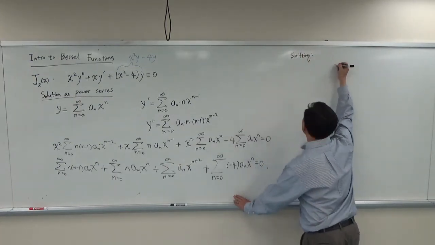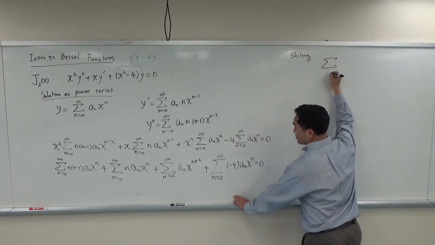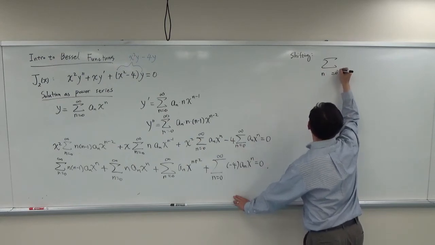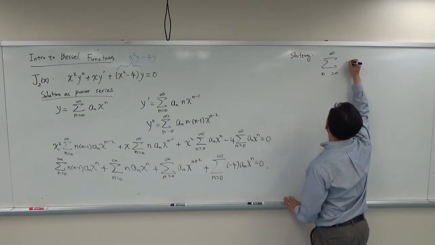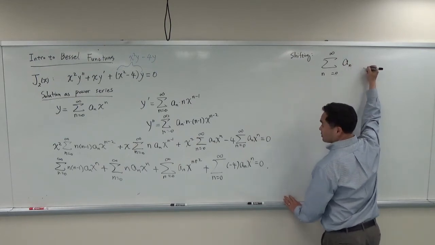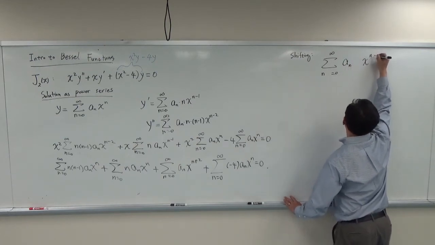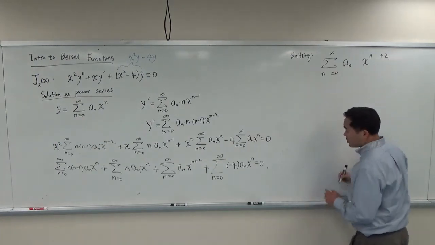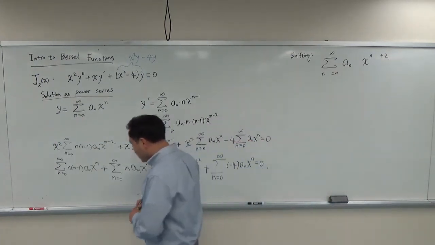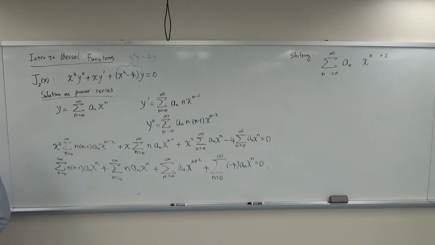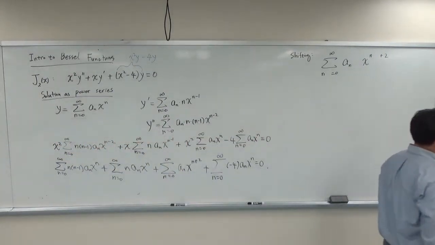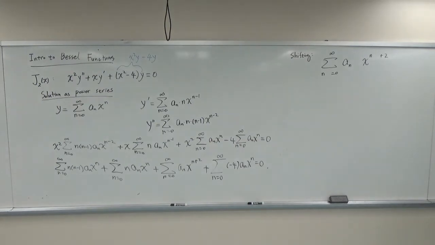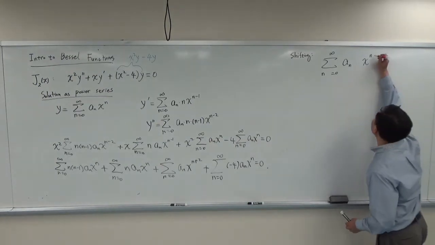What you do is you first think about the sum from n equals 0 to infinity of a_n x to the n plus 2, and then say, well, I wish that n plus 2 was just n. And the way you can do it is by replacing all the n's by n minus 2.